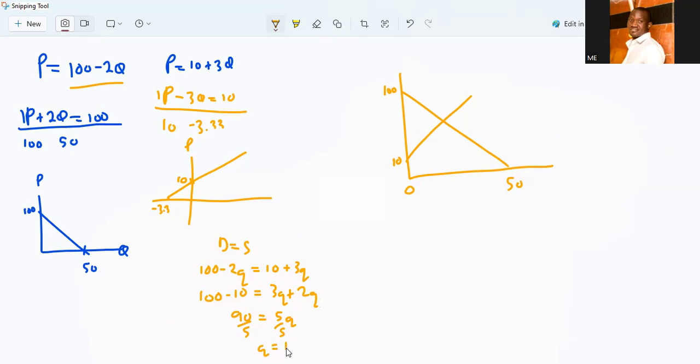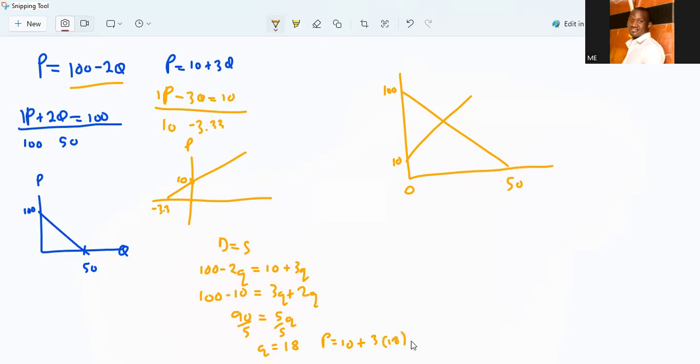So when our q is 18, we substitute this into any of these to find what our p is. So p could be 10 plus 3q. So where there is a q, you put what? 18. So what are we going to have? 64.